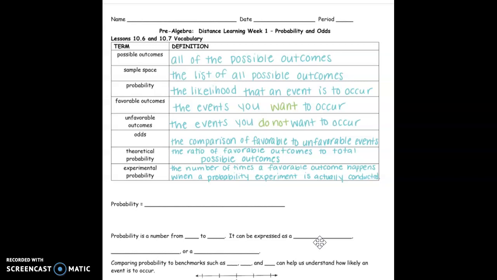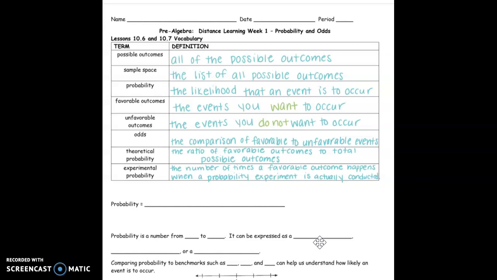It's the number of times that you get a favorable outcome when you actually conduct an experiment. Sometimes that can be a little different than the theoretical because we're human. We might flip a coin a little differently each time, and it won't always be a 50-50 shot that we get heads versus tails. So experimental probability is what the probability is when you actually conduct an experiment, versus what it should be, which is the theoretical probability.